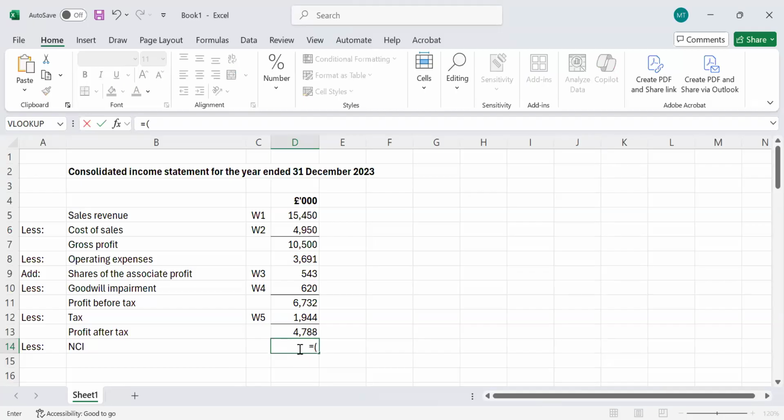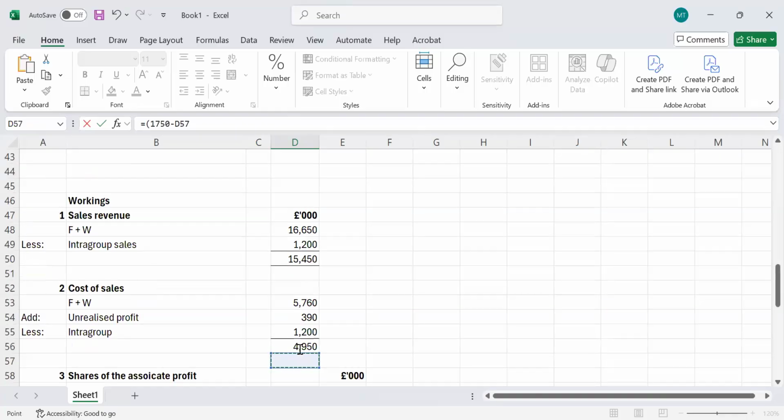So start with the profit after tax figure of the subsidiary, which is given as 1750, and then remove unrealized profit, which we have already calculated as 390, and then we will take only 10% of that.